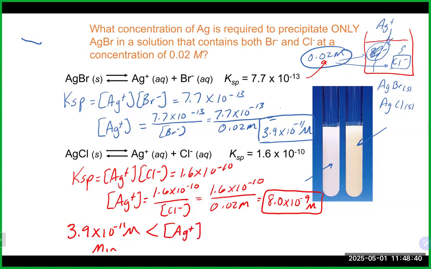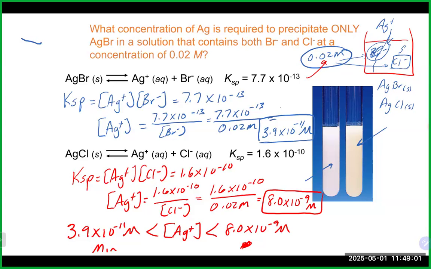And we would need to keep the silver concentration below 8 times 10 to the minus 9 molar. That will basically precipitate out only the bromide.